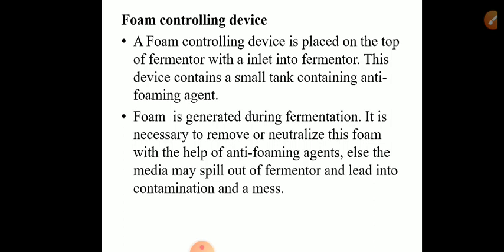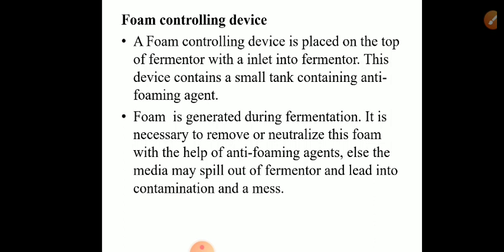Okay. Now, one more important aspect is the foam controlling device. The foam controlling device is placed at the top of the fermenter, outside the lid, with an inlet into the fermenter.